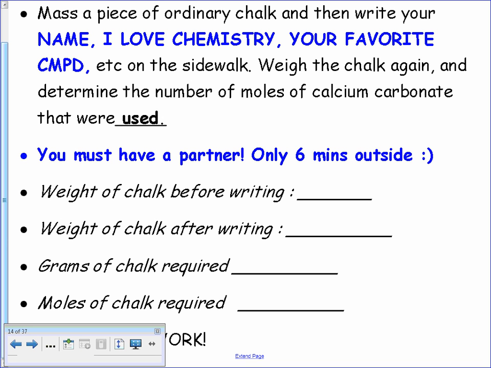So no, 12, and then plus 3 times the 16. Oh, CaCO3, calcium carbonate.